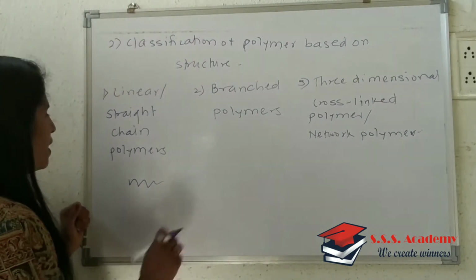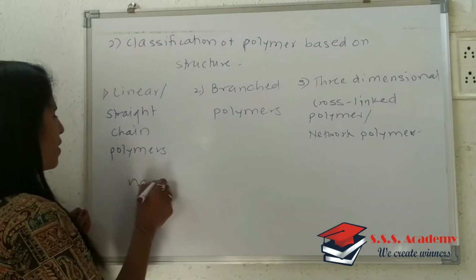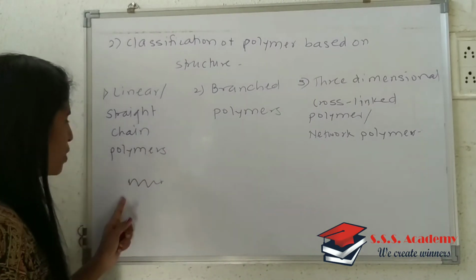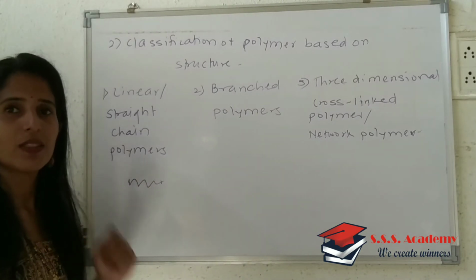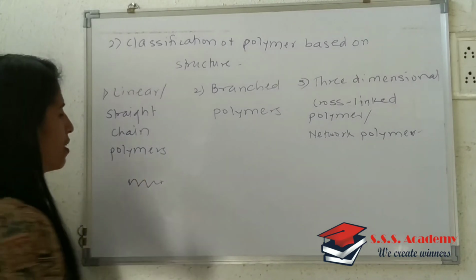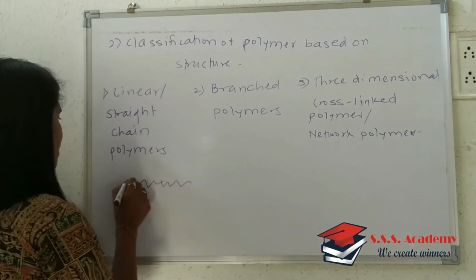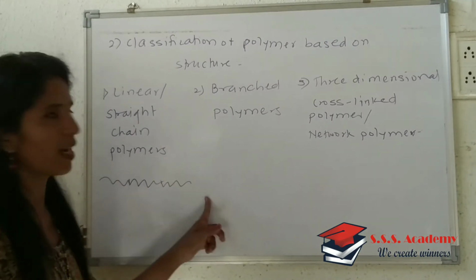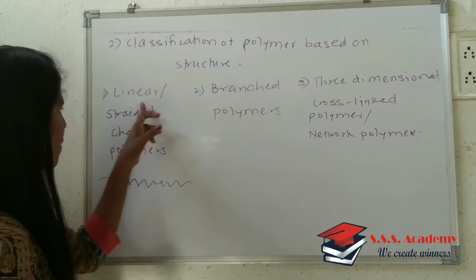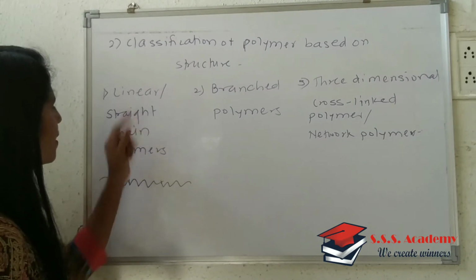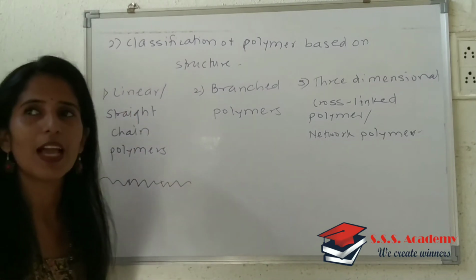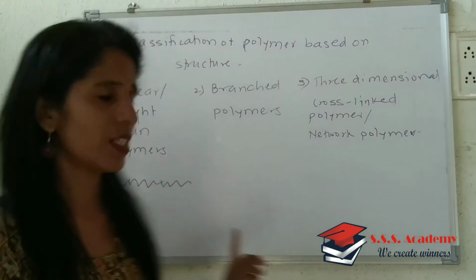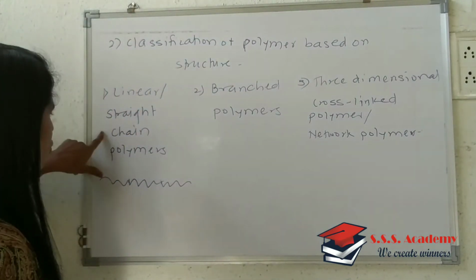What it means is it possesses two reactive sites, this and this, two ends, and that's why it is bifunctional. Many such bifunctional units attach to one another like this, on both sides, and therefore result in the formation of a long continuous chain. It's simply a straight chain, or linear in nature, and that's why this type of polymer is called linear polymer. So this refers to the linear or straight chain polymers.